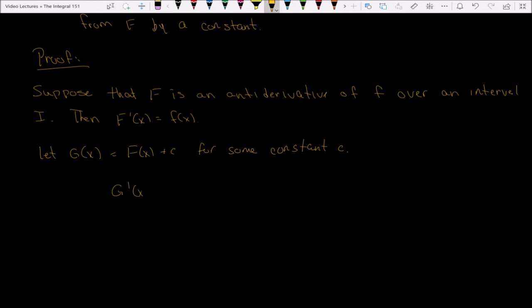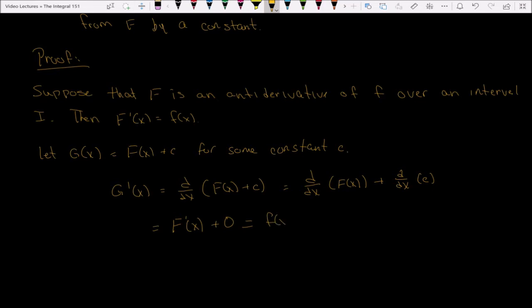Then g prime of x is the derivative of F of x plus c. This is the derivative of F of x plus the derivative of c. The derivative of F of x is F prime, and the derivative of c is 0, but F prime of x has to equal little f of x.